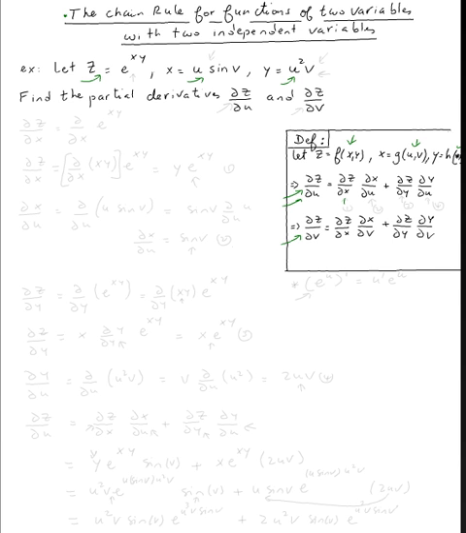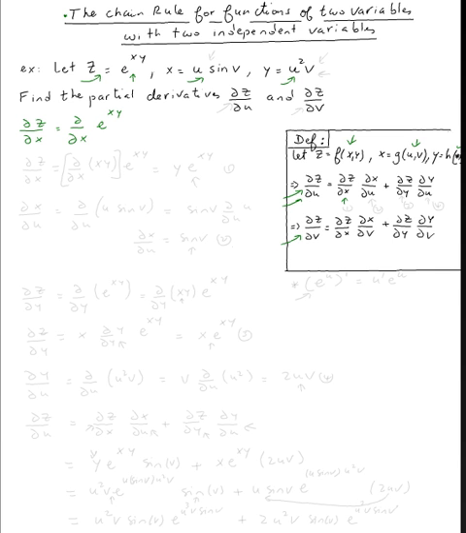Before we do that, of course, we need to know what partial z with respect to x is. So partial z with respect to x is the same thing as partial with respect to x of z. My z happens to be e to the xy. Since I'm taking the derivative with respect to x, my y is constant.